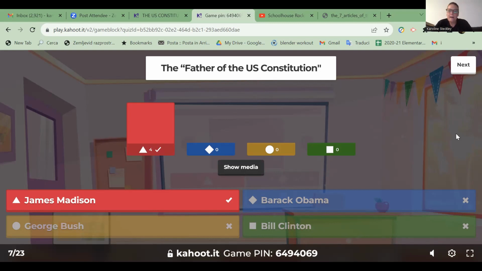He's a good writer, and he was very interested in selling the idea of the Constitution, so he did a lot of writing to back it up. So James Madison in America is a name that we recognize because of his contribution to the Constitution. He is considered one of the founding fathers of the United States, but also really the father of the Constitution because he wrote most of it.